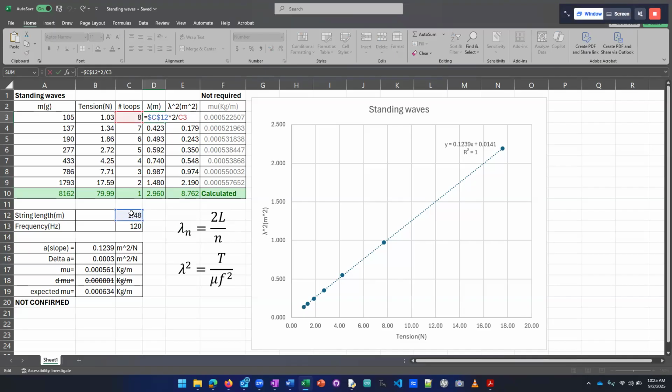I refer to this cell, and the dollar signs here mean I'm fixing the reference. So if I automate my formula down the entire column all the way down to say row 10, then the C12 stays as C12 because I only need to refer to this one cell, right? And the C3 will go to C4 to grab the 7 for the next cell, all the way down to C10 to grab the 1 from this cell to calculate the wavelengths.